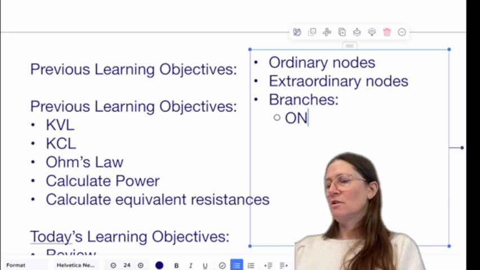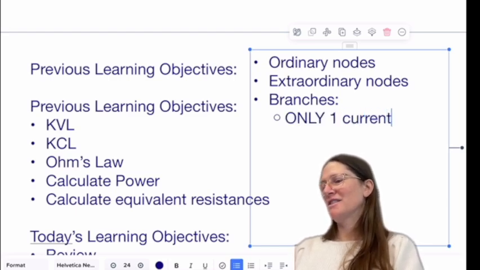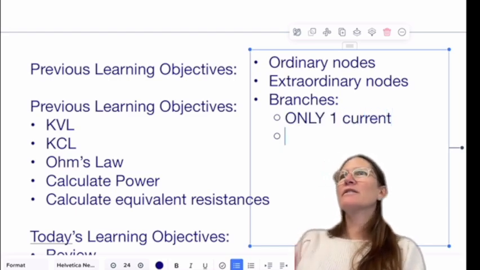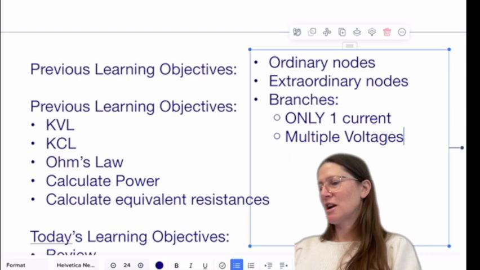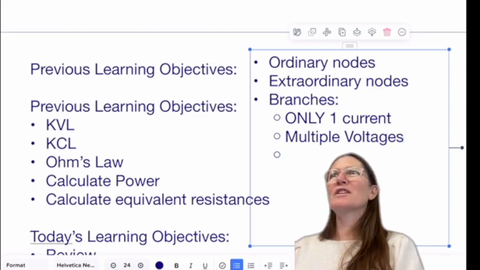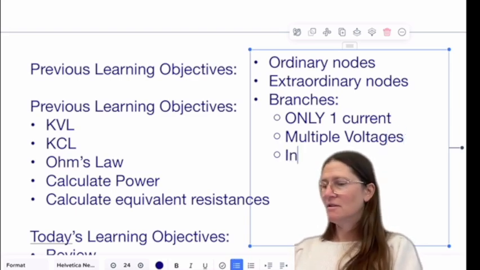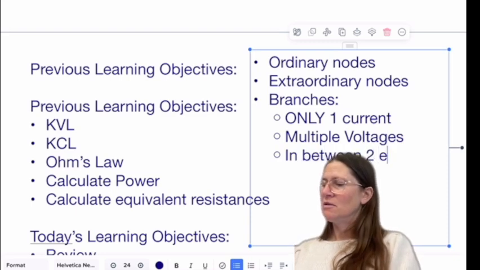Correct. Only one current. Okay. Yes. Multiple voltages. Correct. Anyone else have? In between extraordinary nodes. Correct. Extraordinary nodes.